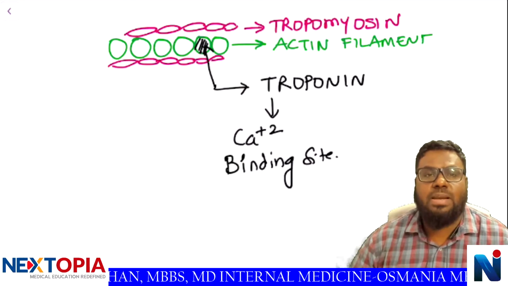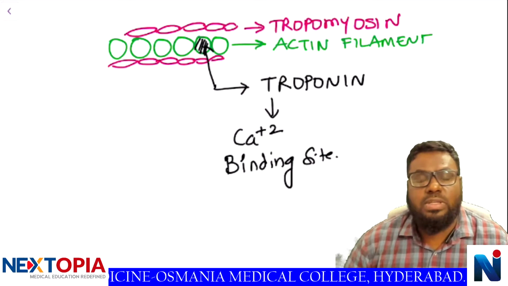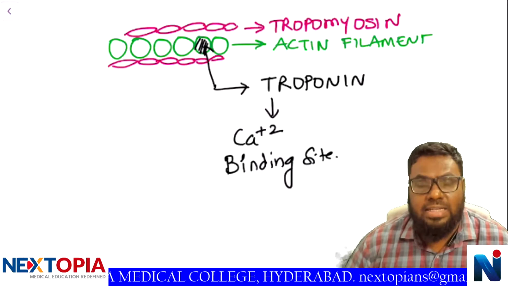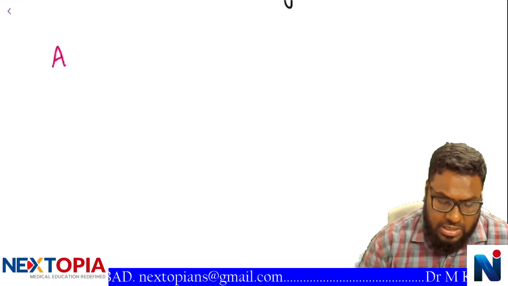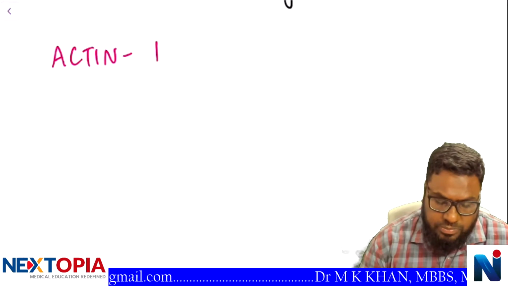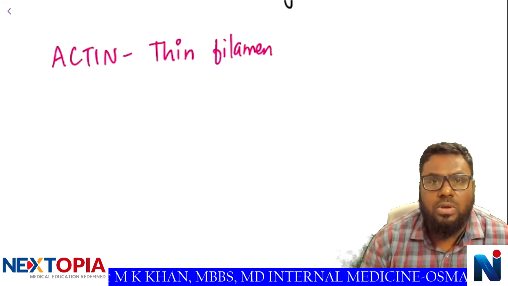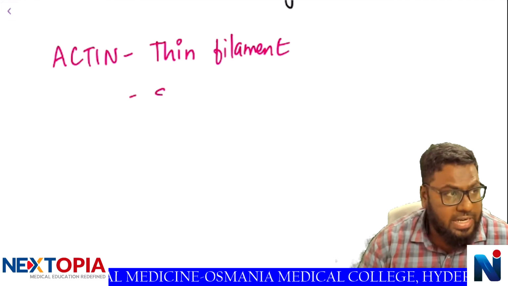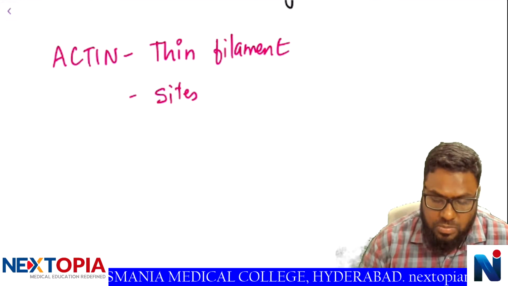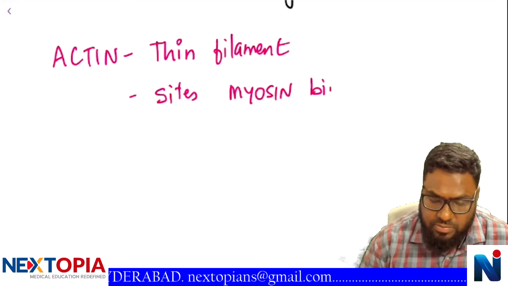All these are important filaments. What is the actin filament? I already told you, actin is a thin filament. It has sites for attachment to myosin, the myosin binding sites.